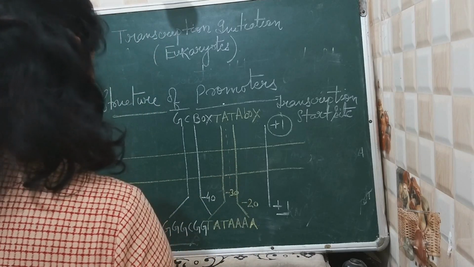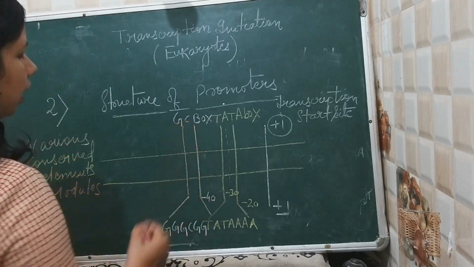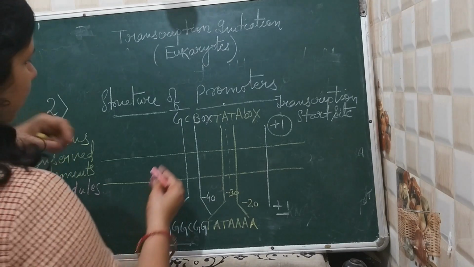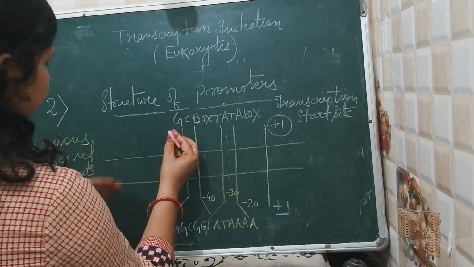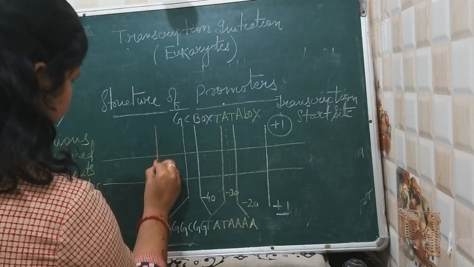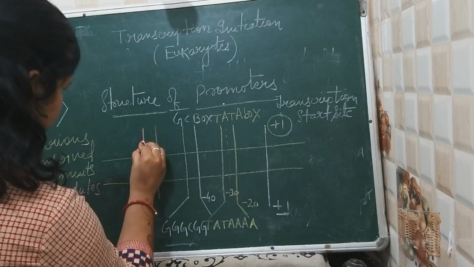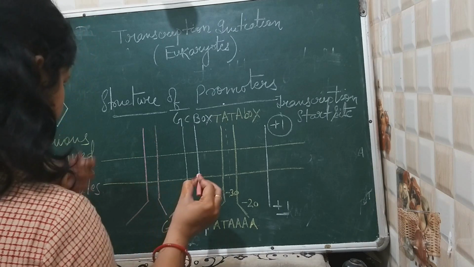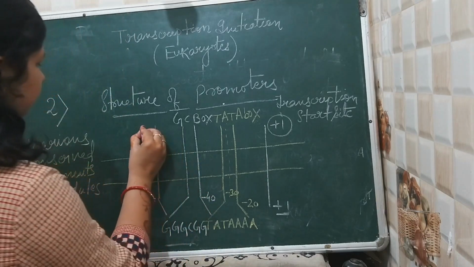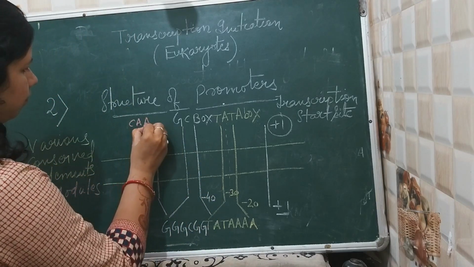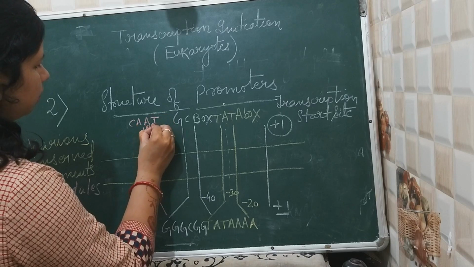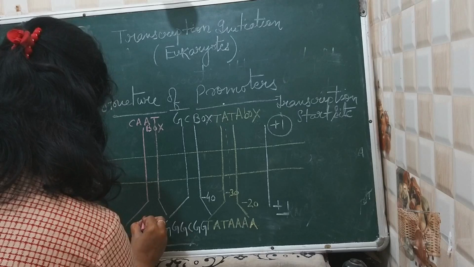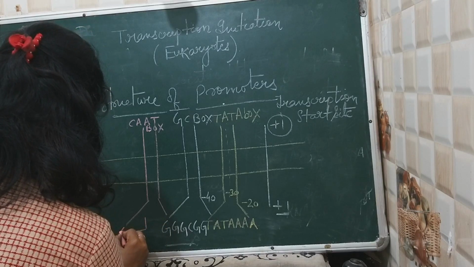Now, the third conserved element, or third conserved module, upstream to the GC box is known as the CAAT box, and it also has its consensus sequence.